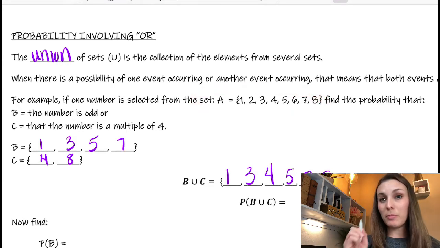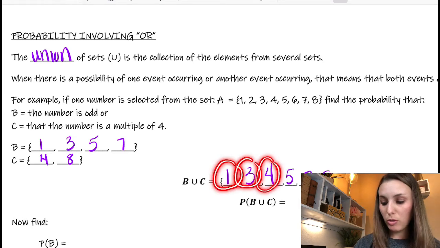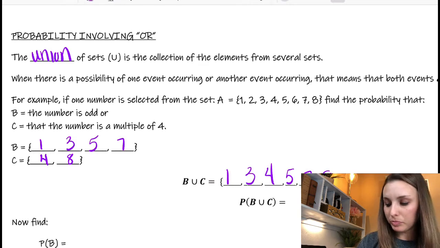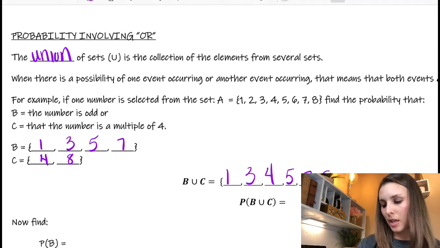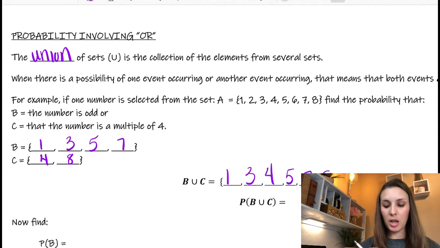The probability of my union happening represents 6 items out of the total 8 elements from the universal set. So there's a 6/8 chance of the union happening. I can reduce that by 2 to be 3/4.